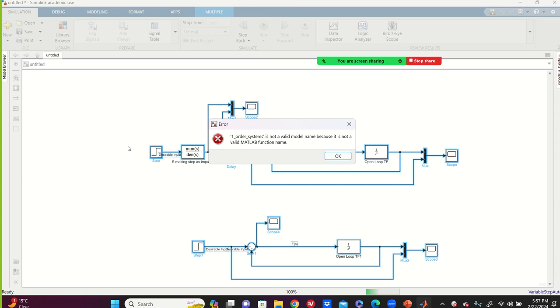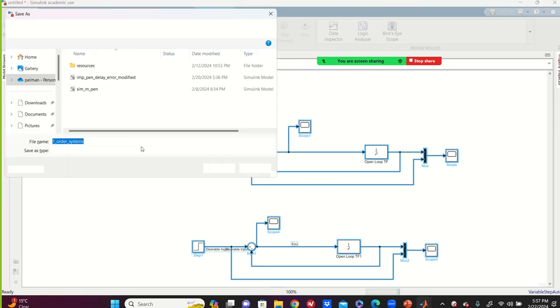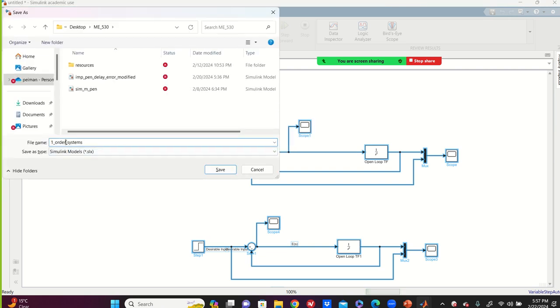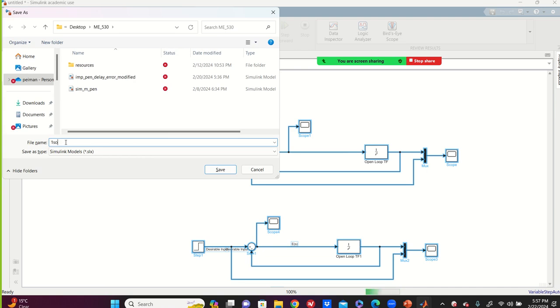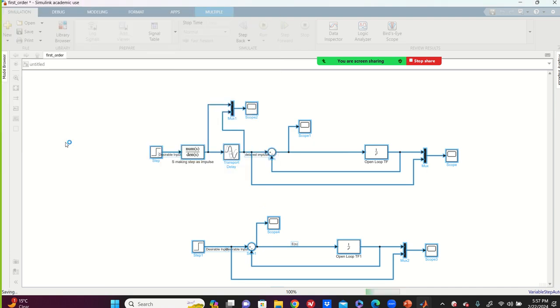Not a valid model name, maybe not with a number 1. First order.